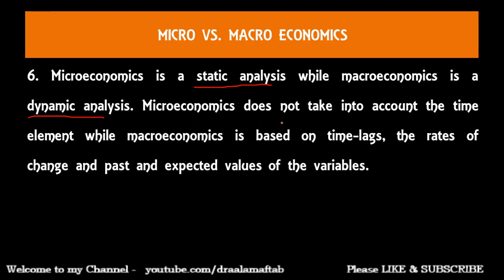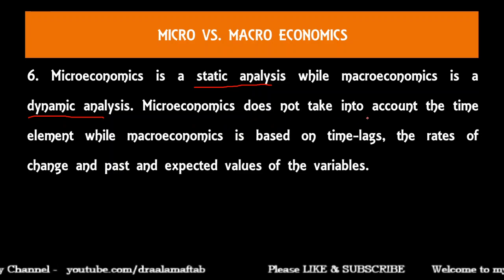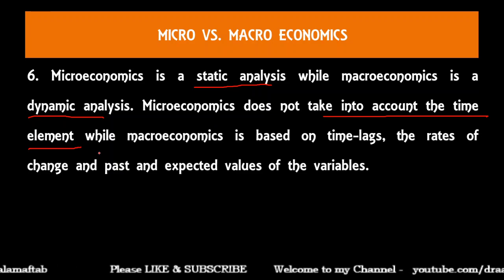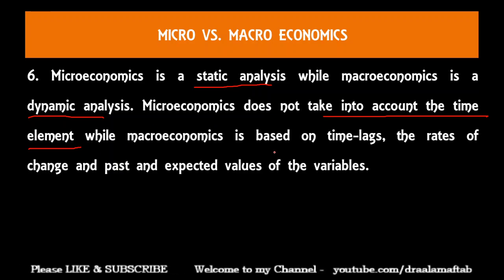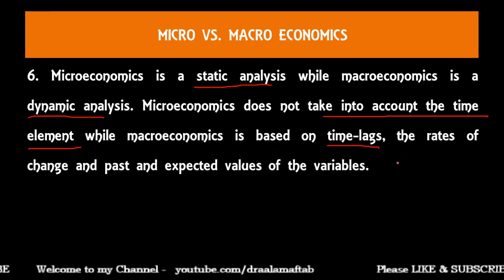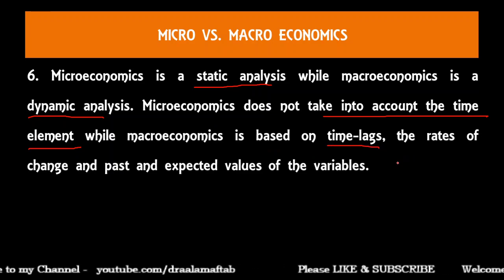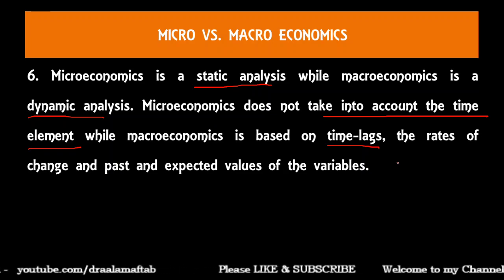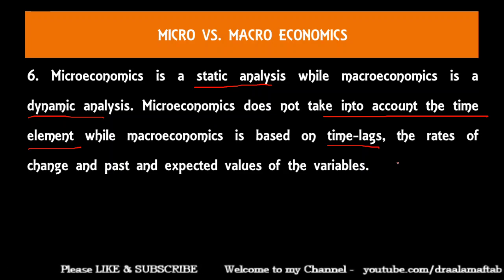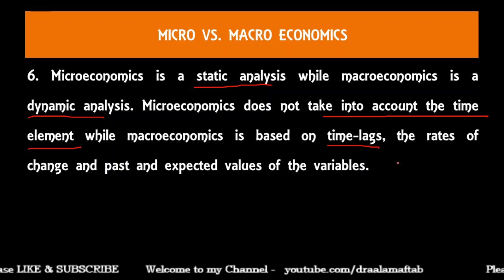So microeconomics does not take into account the time element. It does not consider the lagged value, whereas macroeconomics considers the lag value, lag term. This is 2020. We consider the value of 2019, 2018, and then we try to correlate and see the situation.